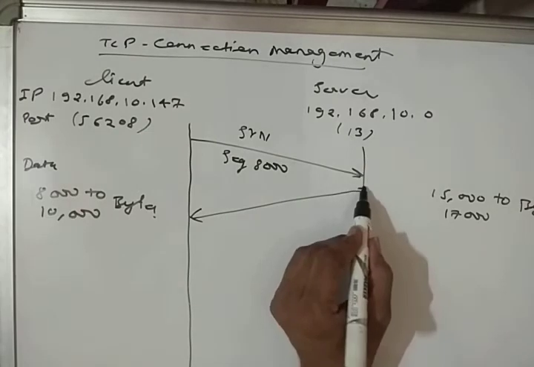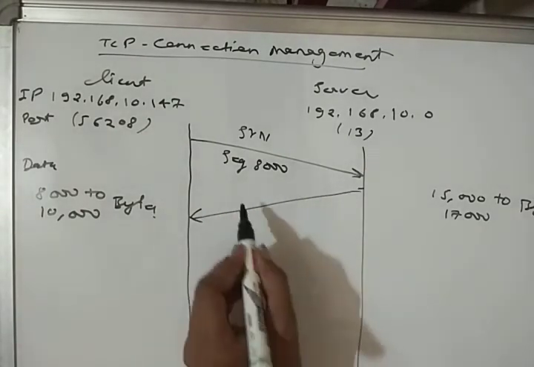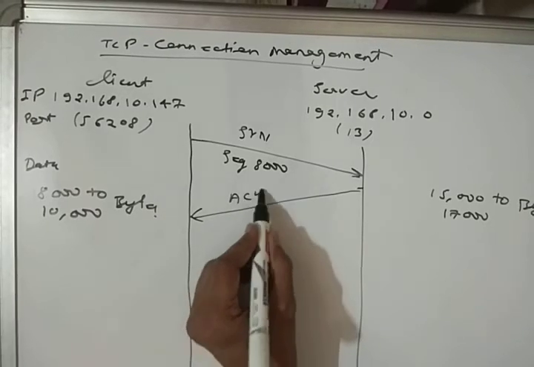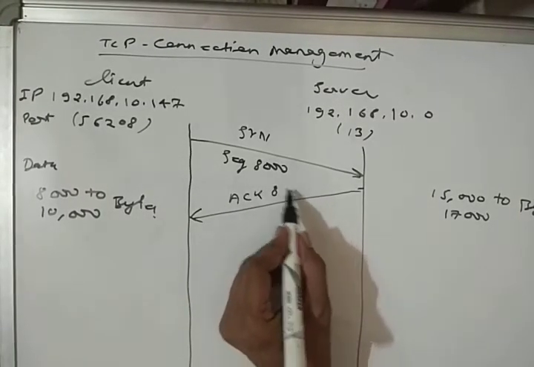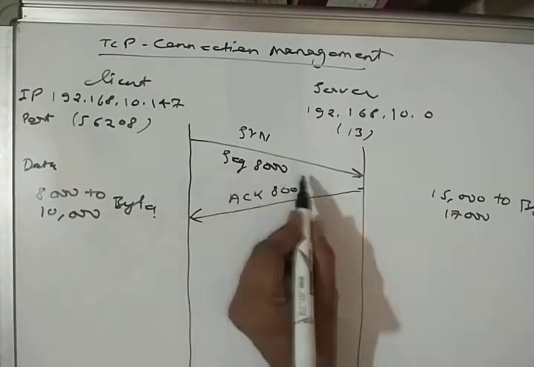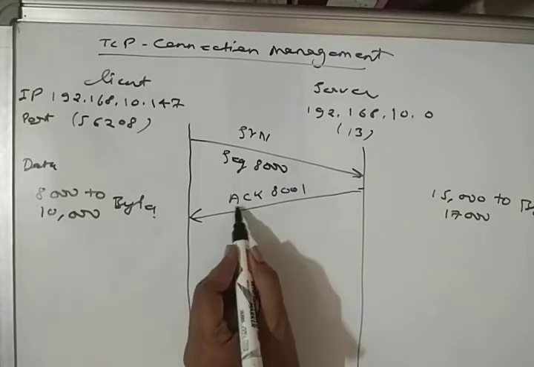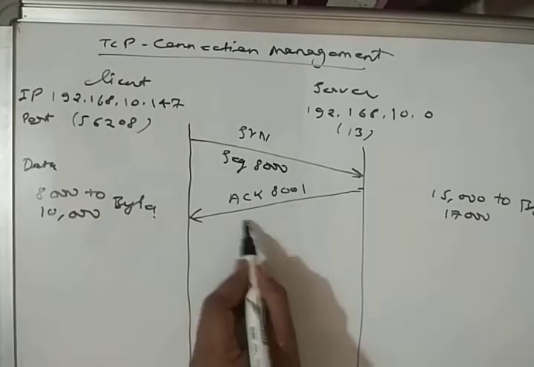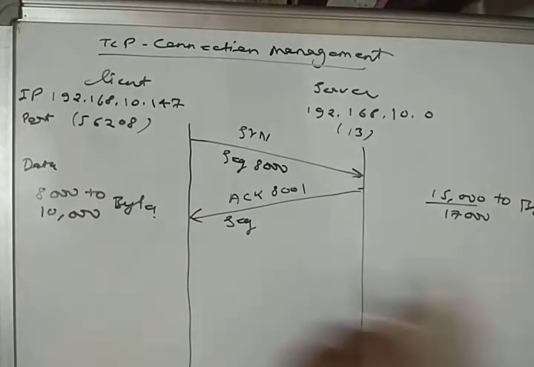After some time it responds to the client with an ACK of 8001, the sequence received, as acknowledgement, and sends a sequence number of 15,000.